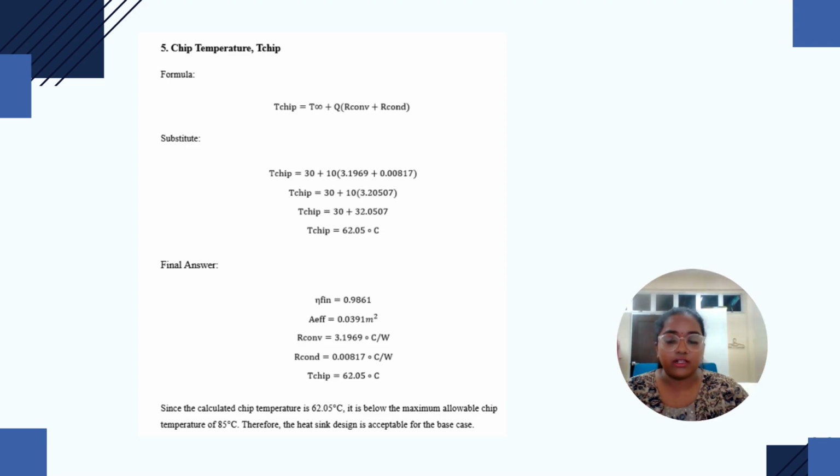The final calculated results are: fin efficiency is 0.9861, effective surface area is 0.03191 square meters, convection resistance is 3.1967 degrees Celsius per watt, conduction resistance is 0.00817 degrees Celsius per watt, and the calculated chip temperature is 62.05 degrees Celsius.